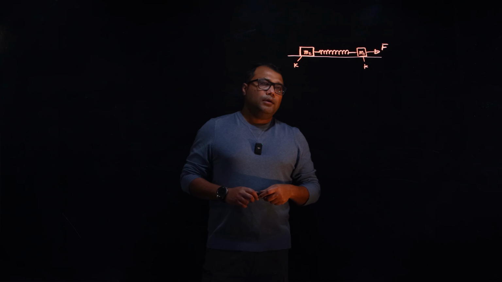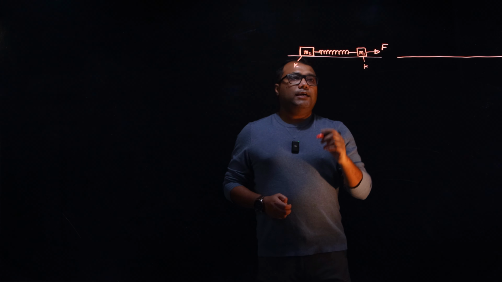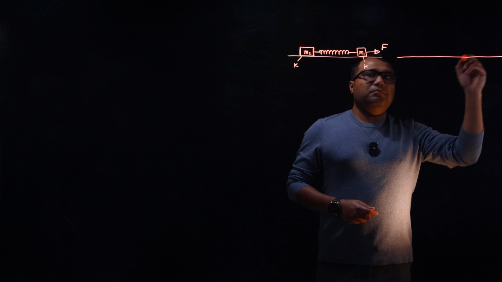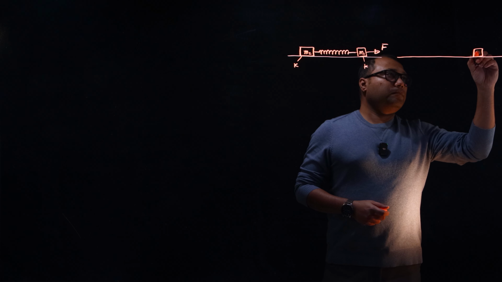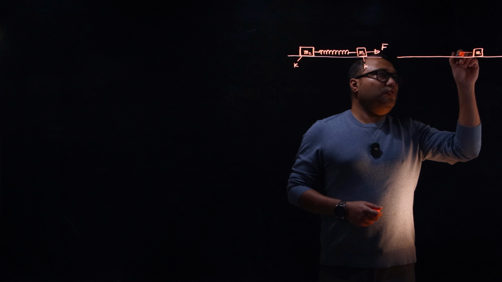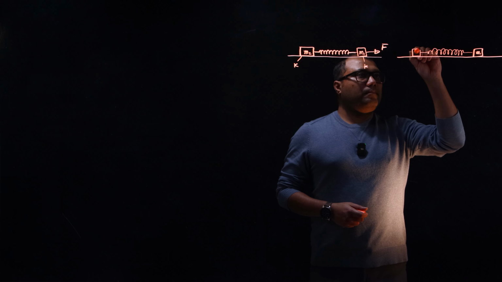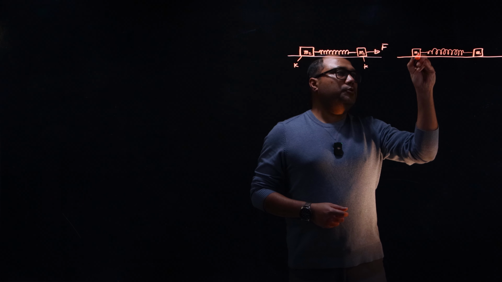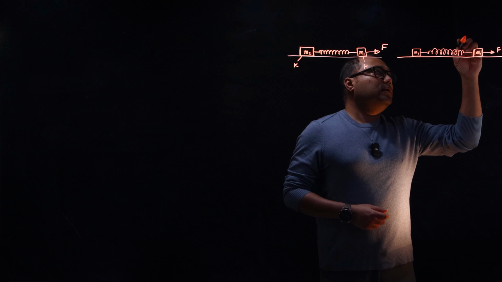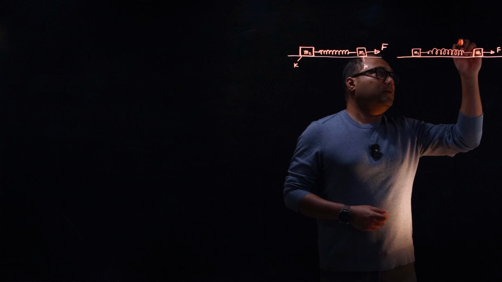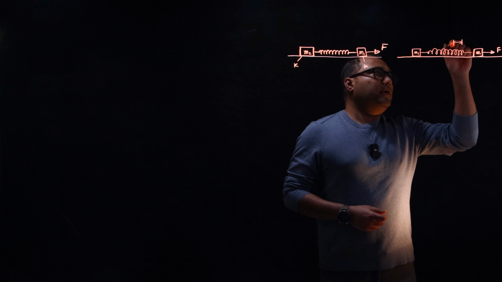Let's take a hypothetical situation where we have just started to move m1 but m2 hasn't moved yet. Let's say m1 has moved a little bit, so the spring is elongated a little bit, and this is m2. There is still this force acting, and an elongation of the spring by a distance x.